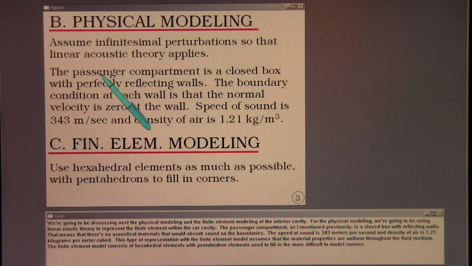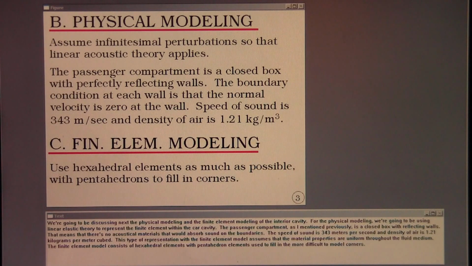That means that there's no acoustical materials that would absorb sound on the boundaries. The speed of sound is 343 meters per second, and density of air is 1.21 kilograms per meter cubed. This type of representation with the finite element model assumes that the material properties are uniform throughout the fluid medium.